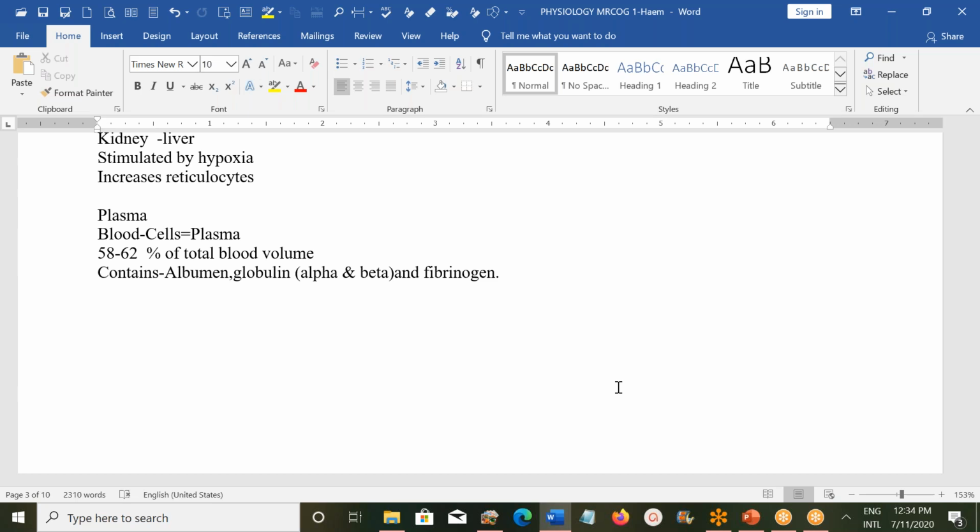Don't worry, all these notes are written and available on the web page. The iron which is bound to the transferrin will become attached to specific receptors on the white cells and reticulocytes, and then iron is removed.